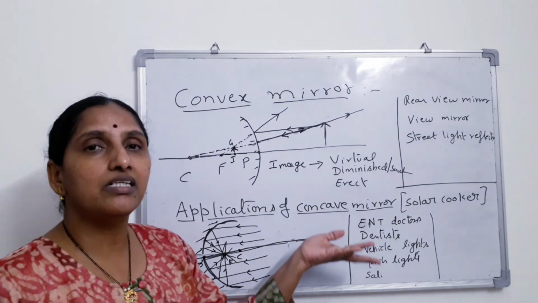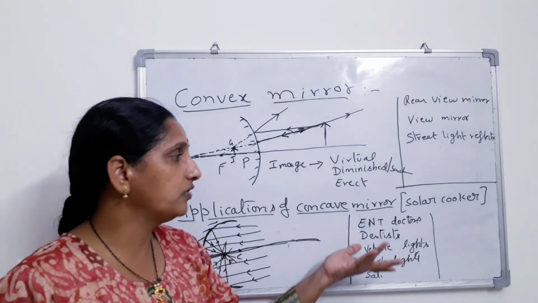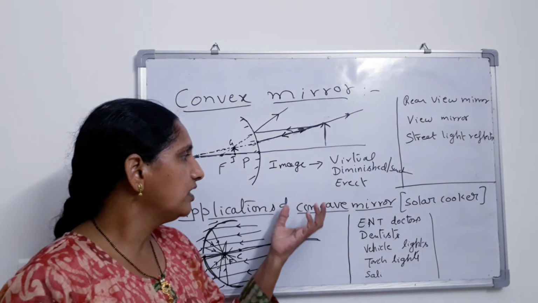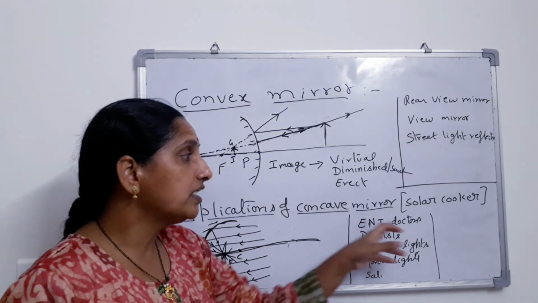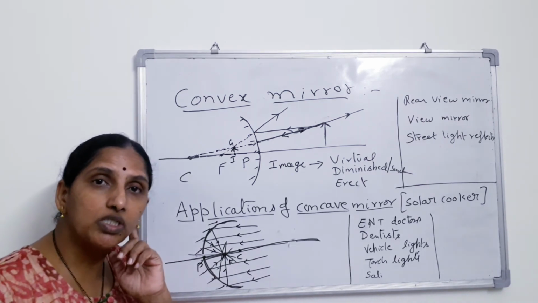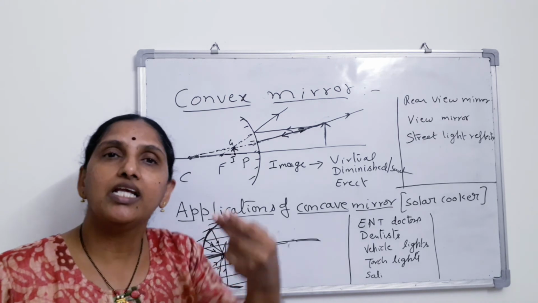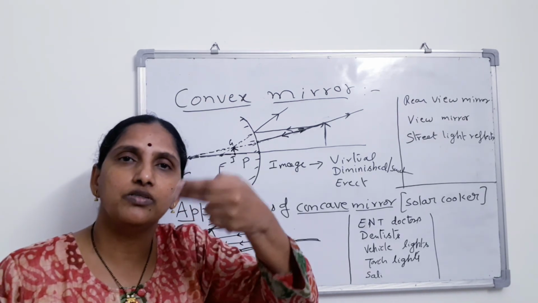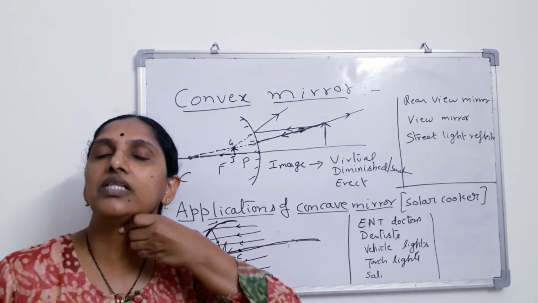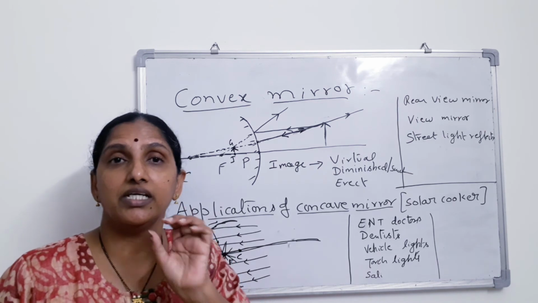And what are the other applications we have in everyday life for concave mirrors? ENT doctors: you know what ENT means? Ear, nose, throat. If you have an infection inside the throat, they keep a mirror inside, focus the torchlight on that part of your throat, and see the reflected image there.